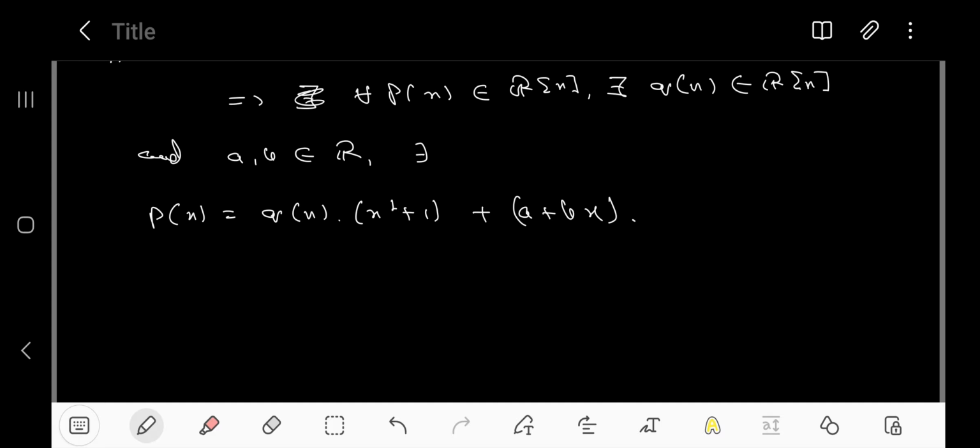Okay, this is a simple extension of Euclid's division algorithm to a polynomial field. Clear?